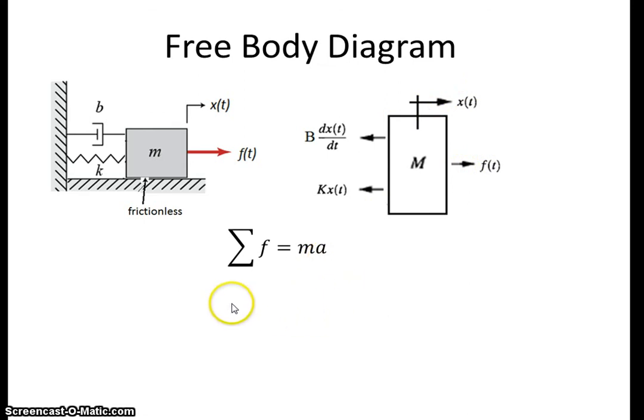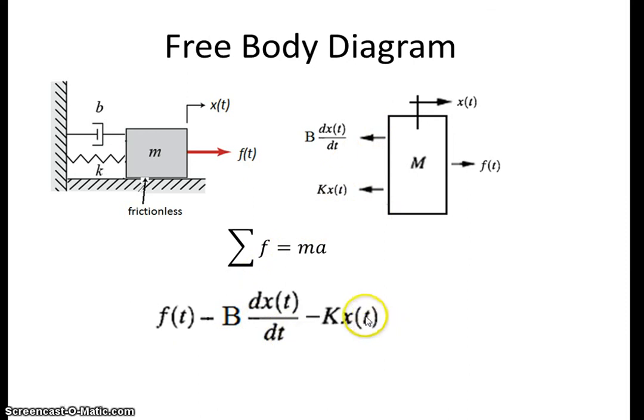So using Newton's second law of motion, the summation of forces, or the net forces, will be equal to the inertial force, mass times acceleration. So the net forces will be equal to F of t, minus the reaction force of the damper, minus the reaction force of the spring, will be equal to mass times acceleration, which we know is the second derivative of the displacement with respect to time.